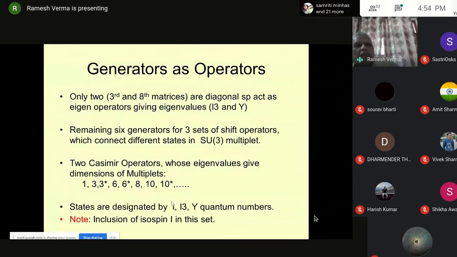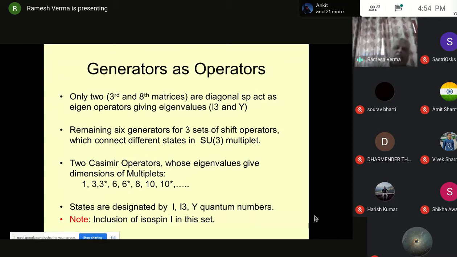Important, because when you are dealing with a group, you have to remember which subgroup chain you have really followed. Because we extended the SU2 isospin group to SU3 group, the quantum numbers carried by the isospin group are simply borrowed, carried further in this analysis.